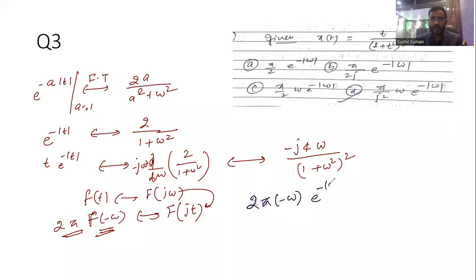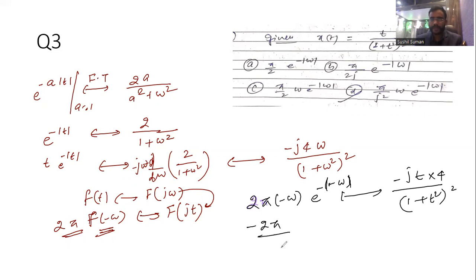So e raised to power minus |omega|, then omega is replaced with t. So this is minus jt over (1 plus t squared) whole squared into 4. So this is minus 2 pi by minus j4 omega e raised to power minus |omega|.